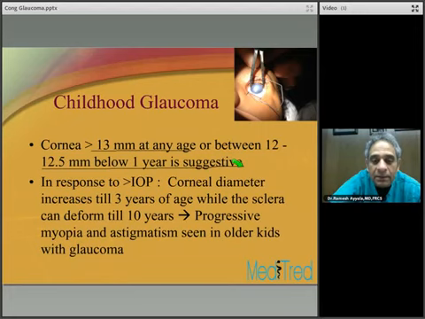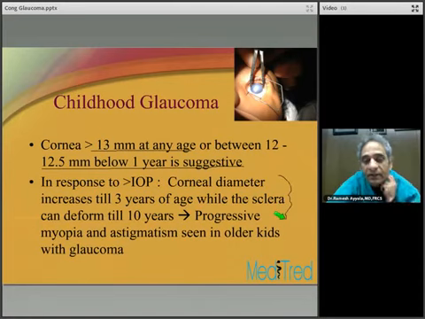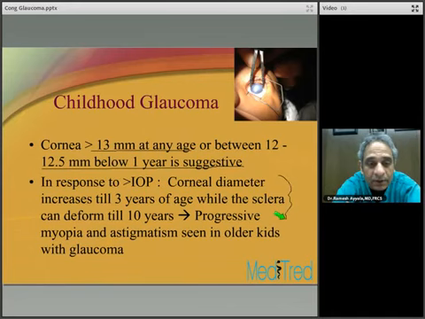Now, buphthalmos again is seen if you have congenital glaucoma that is untreated in the first 3 years of life, right? Whereas as you follow these older kids, one way of checking to see if the glaucoma is adequately controlled or not is to refract them. Progressive myopia and astigmatism might indicate that the intraocular pressure is not adequately controlled.